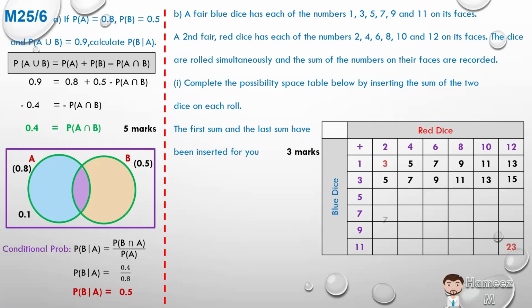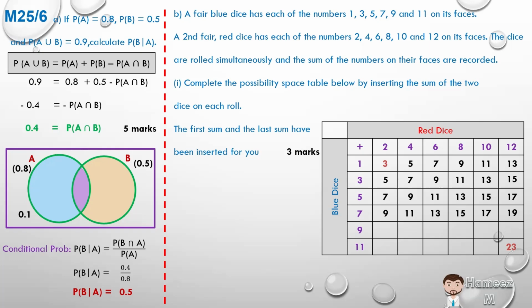Let's continue. 5 and 2 is 7. Let's go a little quicker. 5 and 4, 9. 5 and 6, 11. 5 and 8, 13. 5 and 10, 15. 5 and 12, 17. You can see the answers increasing by 2 as we go across the rows. 7 to 9, and if we keep adding 2, 11, 13, 15, 17, 19. And remember, maths is patterns.